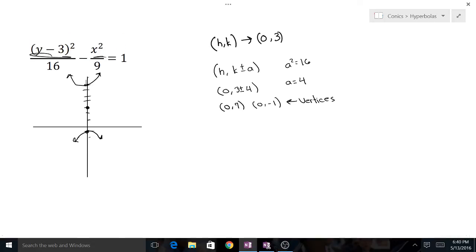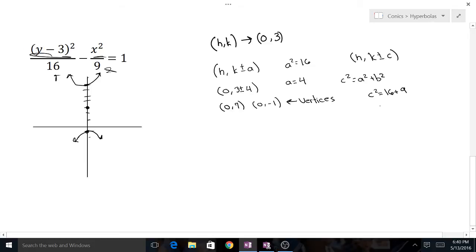And we can figure out the foci by doing h, k plus or minus c. Then again, we use the same formula we used last time, where c squared equals a squared plus b squared. And this one, we have our a squared right there, we have our b squared right there. So it's c squared equals 16 plus 9.